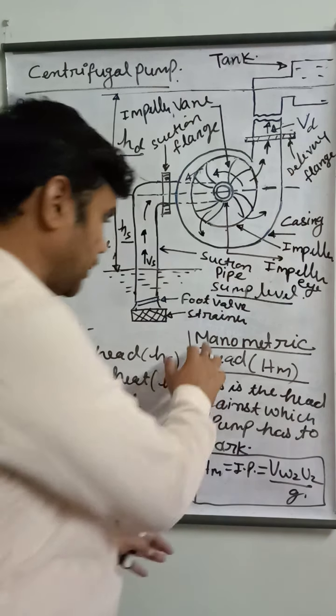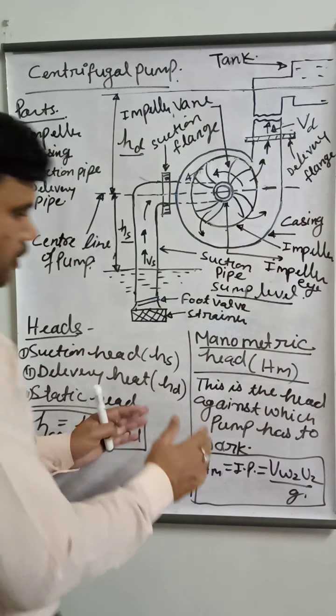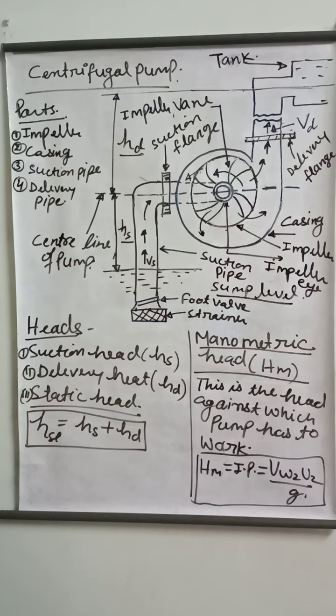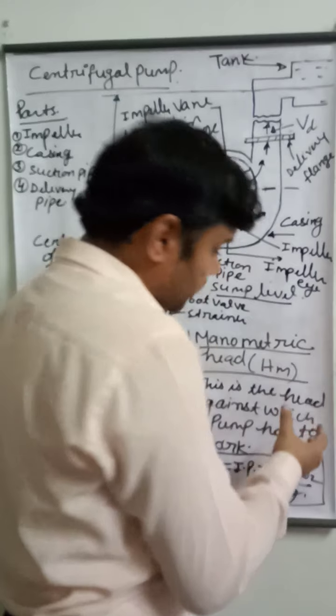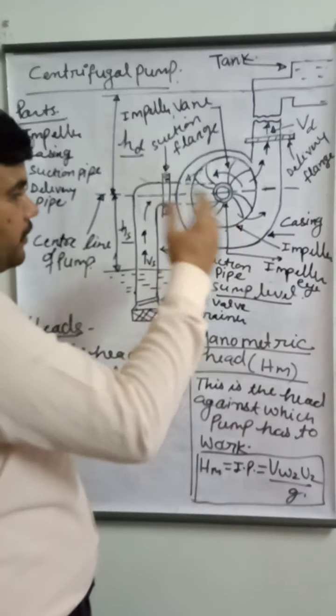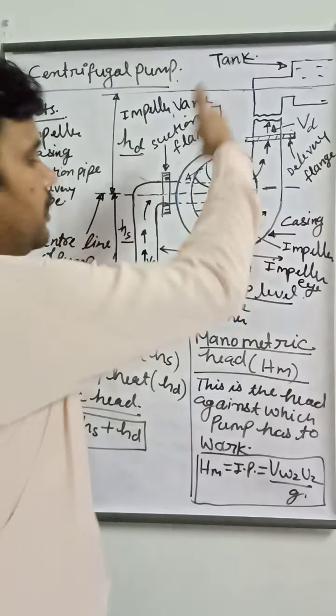Next one is manometric head. This is very important. So what is this? This is the head against which the pump has to work, or you can say the energy provided by the impeller to the liquid for delivering it to the desired position or to the tank.